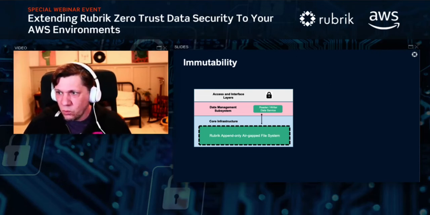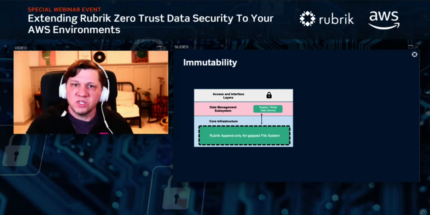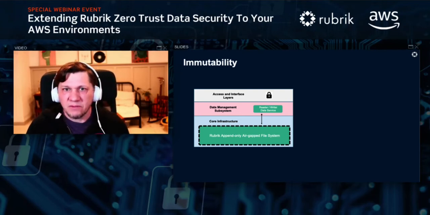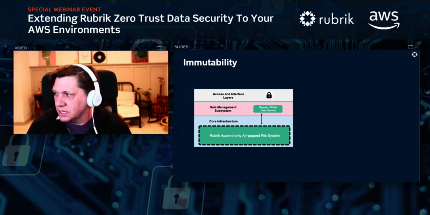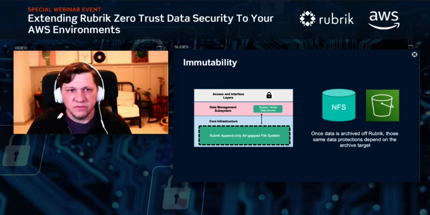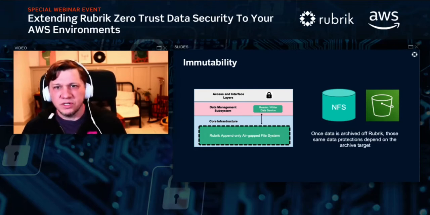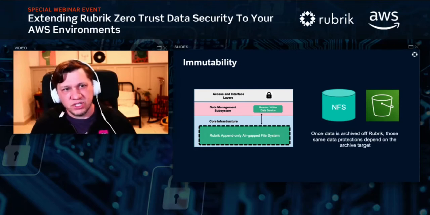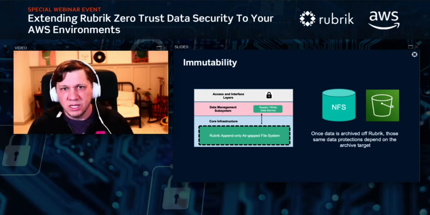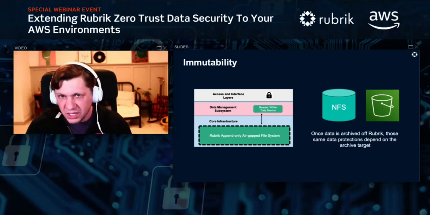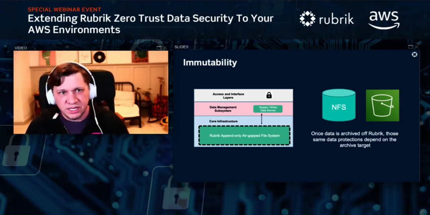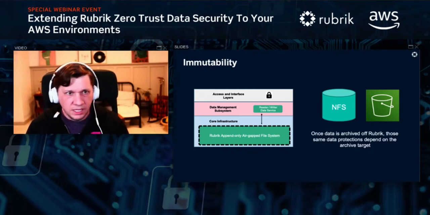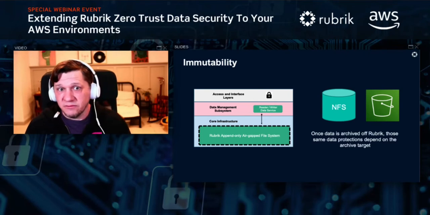So while backups are immutable, they're only immutable while they reside on the Rubrik platform, while they reside in our custom built file system. Once we archive that older data off, it no longer sits within Rubrik's file system. So the security and the immutability needs depend on the archive that your data is actually sitting on. So it presents a set of its own challenges.